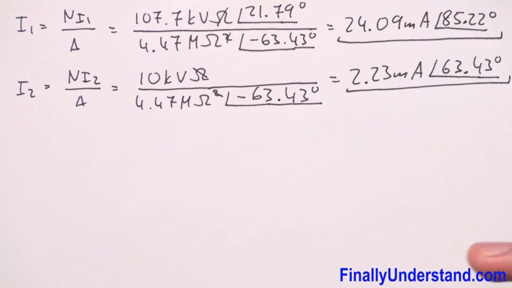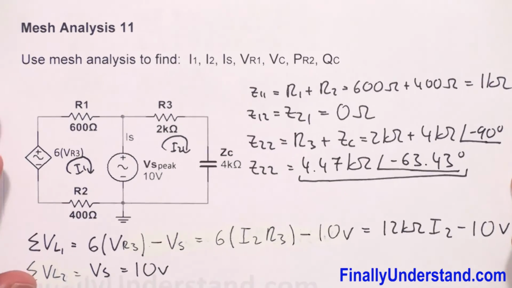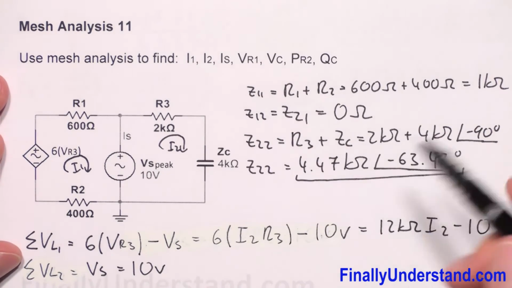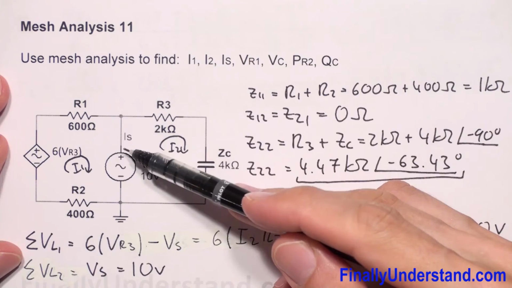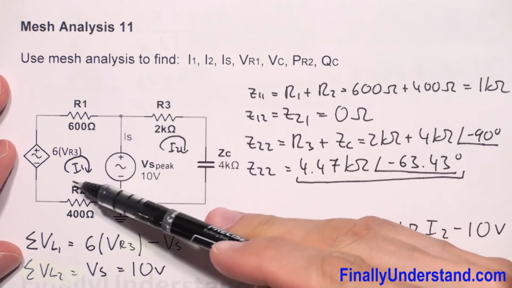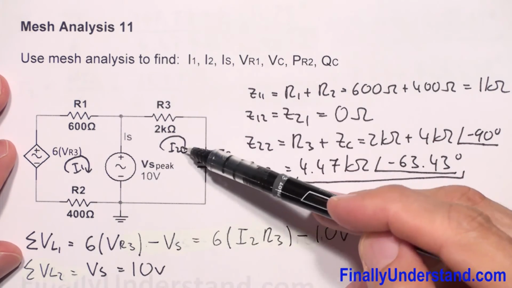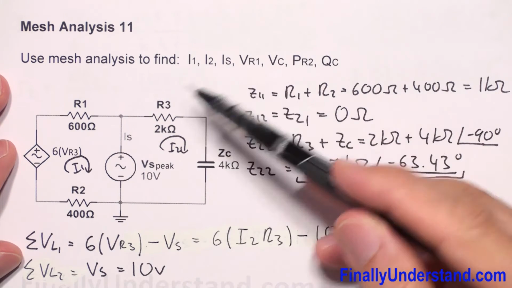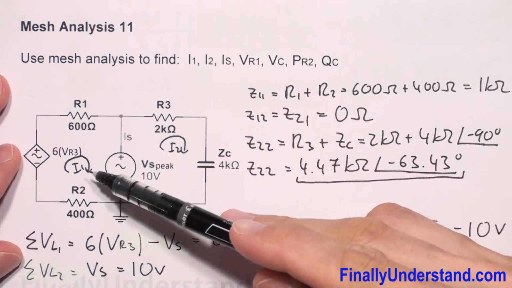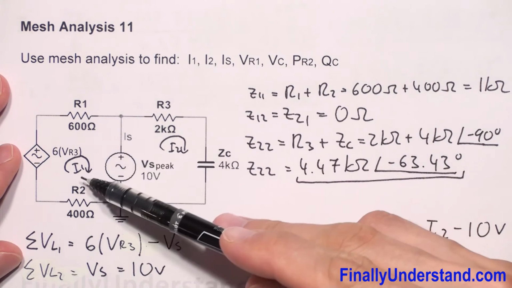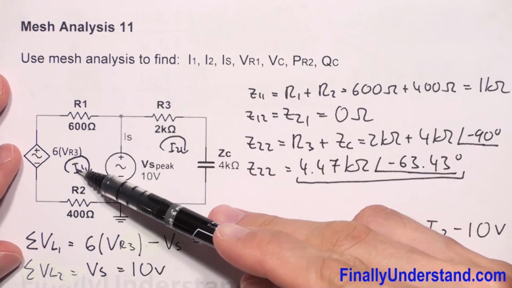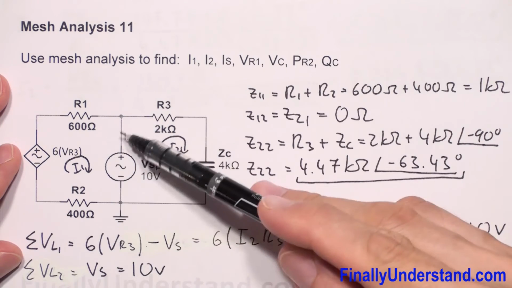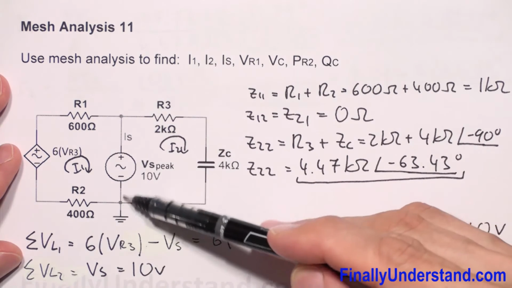Next, we're supposed to find IS, the current which will go through this branch. So far we found I1 and I2. In order to find IS, you're supposed to realize that IS is the combination of currents I1 and I2, where I1 goes through this branch from the top and I2 goes through this branch from the bottom.